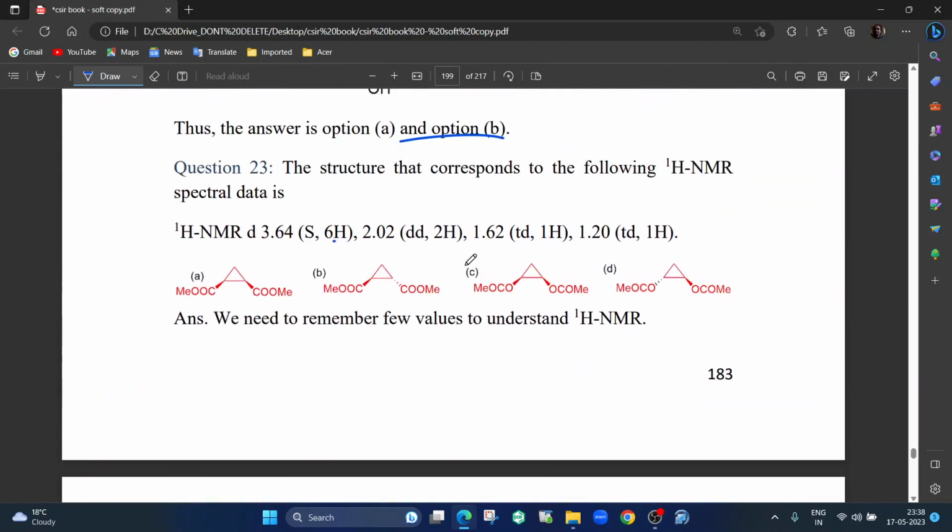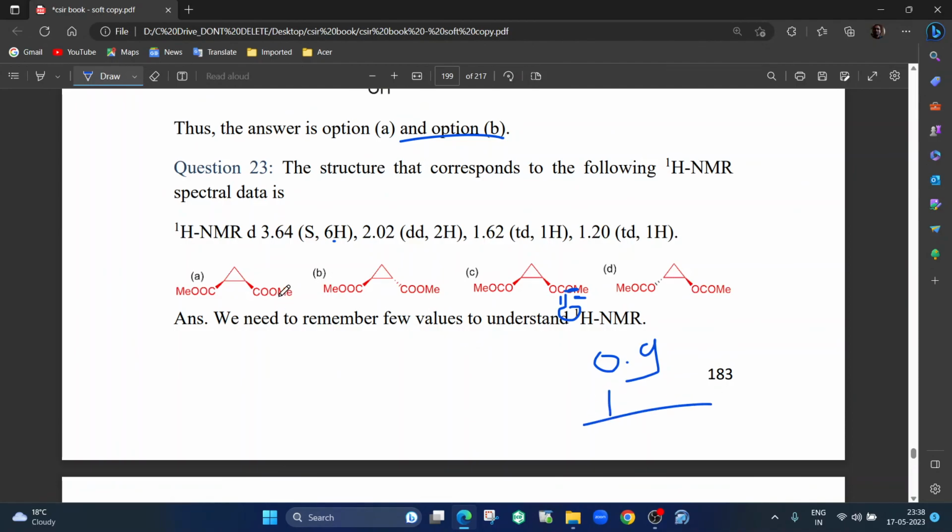So now look here, what is there? Here Me is attached to carbonyl, right? C double bond O, and to this carbon is attached this methyl. So the methyl value is 0.9, attached to C double bond O, so it should be 0.9 plus 1, which is equal to 1.9.